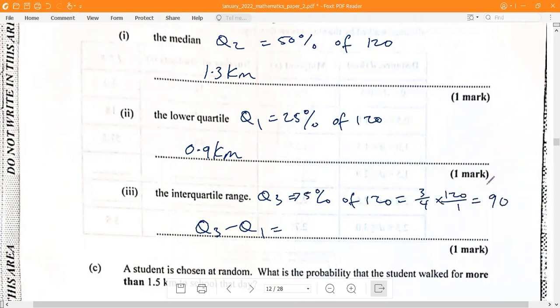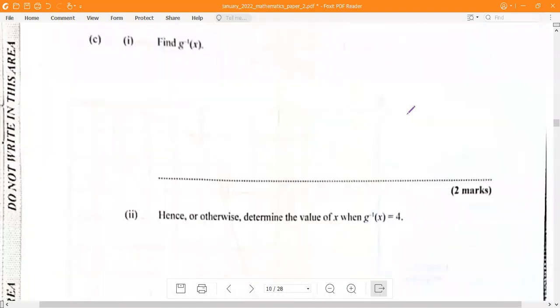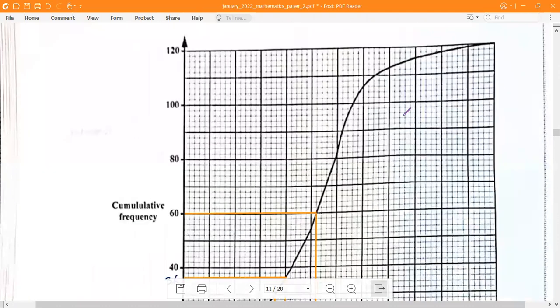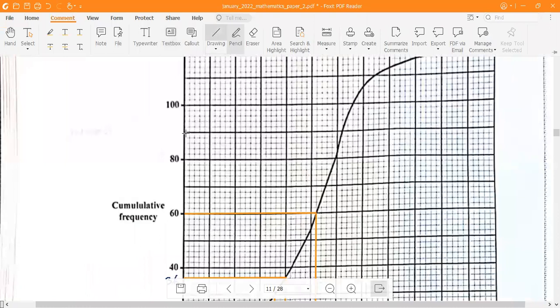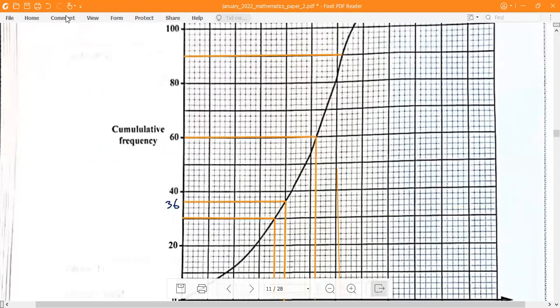So we are going to look at 90 on our graph and draw a line going across till we reach the graph, then draw a line going vertically upward to meet that point as shown. Then we read off our value.